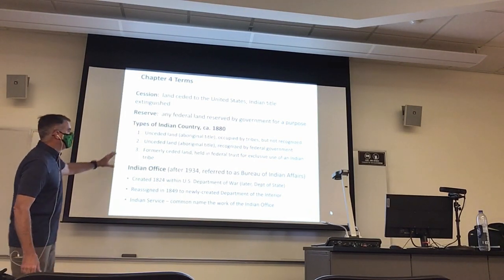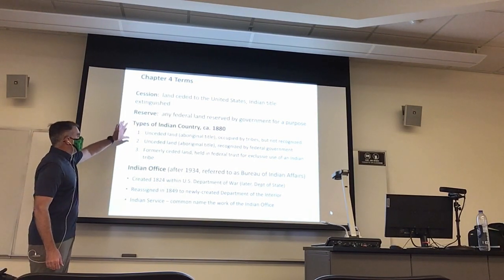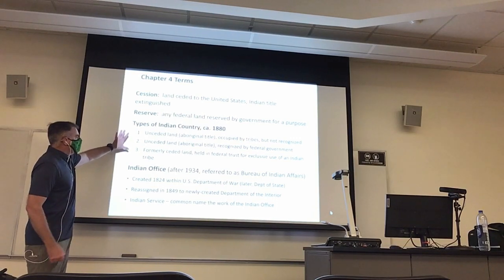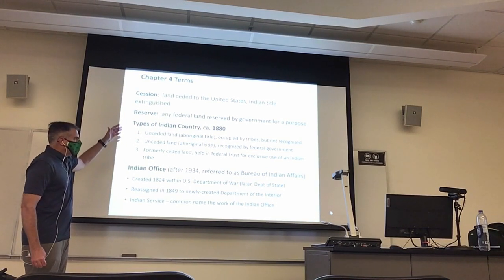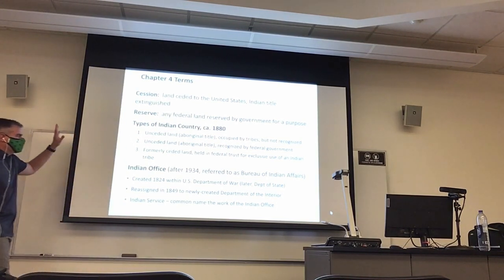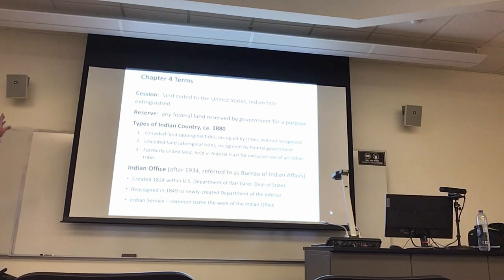Okay. All right. Now, there are really three different types of Indian country, just to make sure, by about 1880. I chose 1880 because that's right in the middle of the period of establishing reservations around the country.